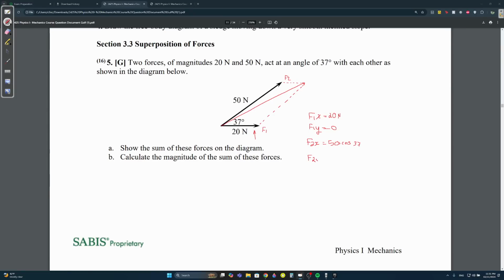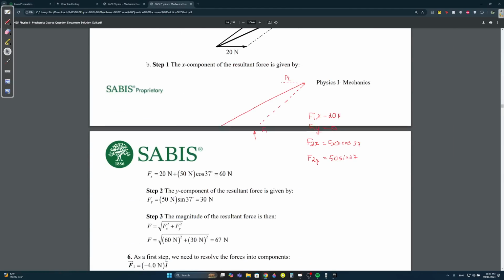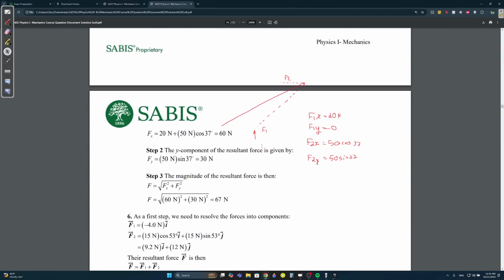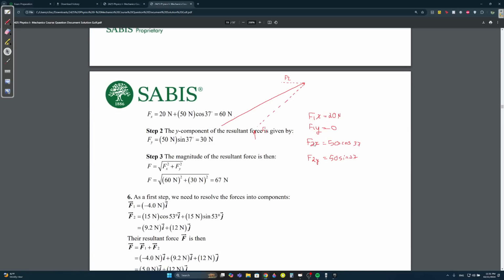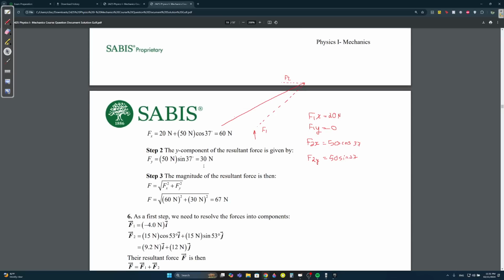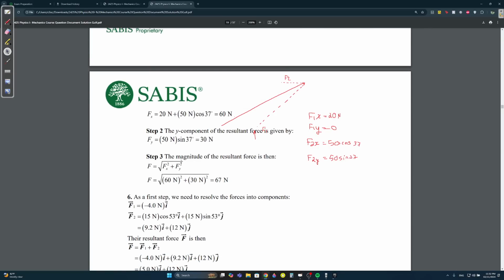And then F2y is equal to 50 sine 37. Then you do the calculation. I'm going to show you the solution. Okay, the total Fx is obviously going to be F1x plus F2x, so 20 plus 50 cosine 37. The total Fy will be F1y plus F2y, so 50 sine 37 plus 0. And then the magnitude is the radical of Fx squared plus Fy squared, and you're going to get 67.